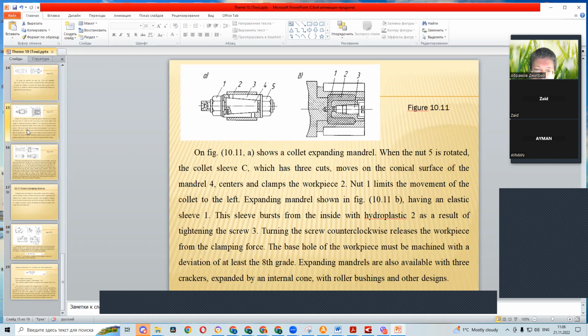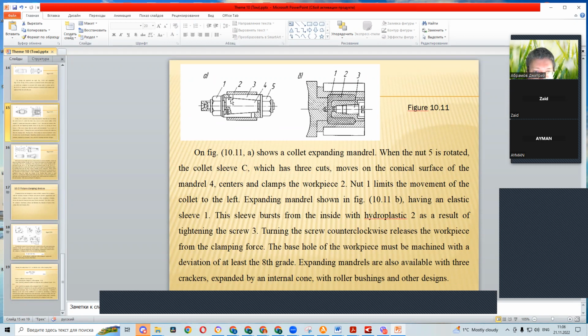On figure 10.11a shows a collet expanding mandrel. When the nut 5 is rotated, the collet sleeve C, which has 3 cuts, moves on the conical surface of the mandrel 4.